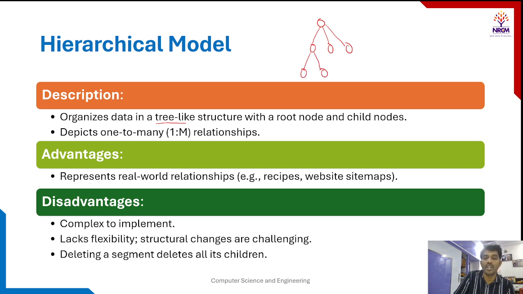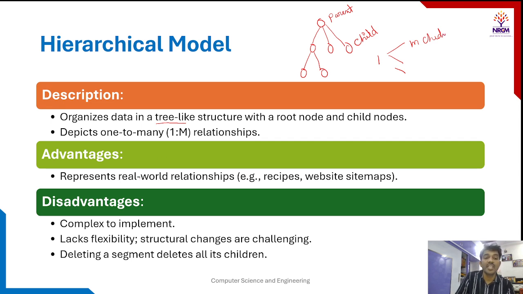This is called a parent, and this is called a child. And it describes a one to many relationship, means for example one parent has m number of children, got it? That is called a 1 to m relation.